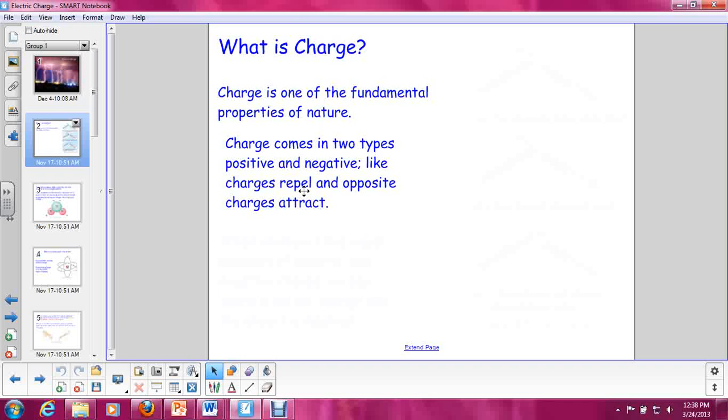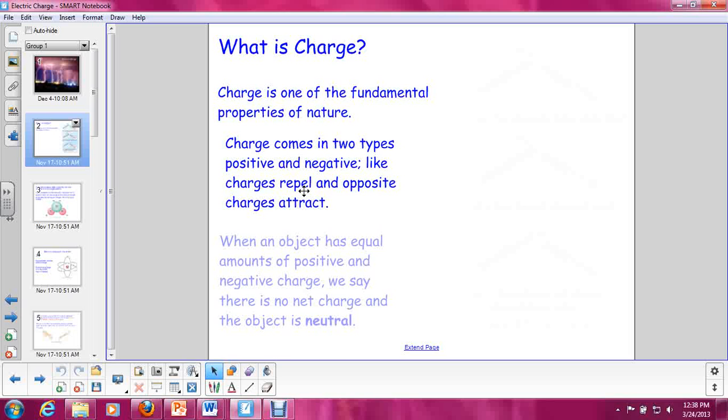And we know that like charges repel and opposite charges attract. Some of this stuff should be very familiar to you from chemistry. We know electrons in an atom have a negative charge, and protons in an atom have a positive charge. Protons and electrons attract each other, and electrons repel other electrons while protons repel other protons.